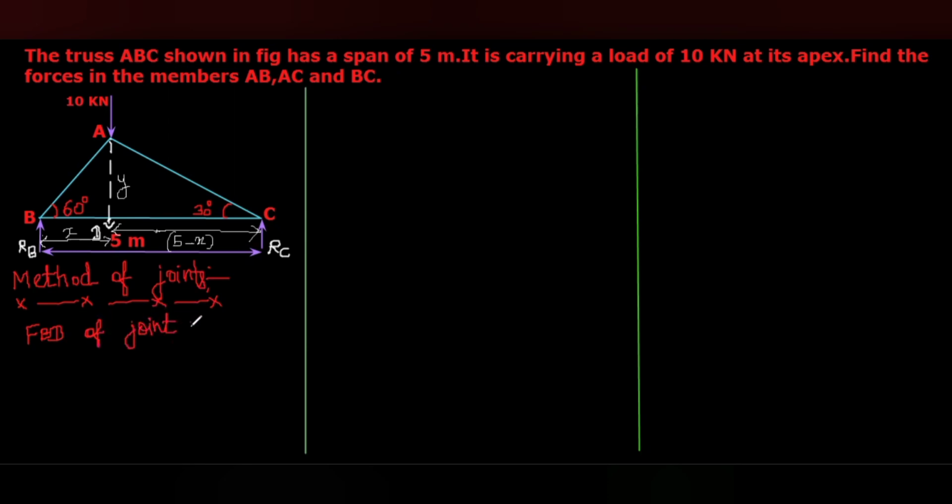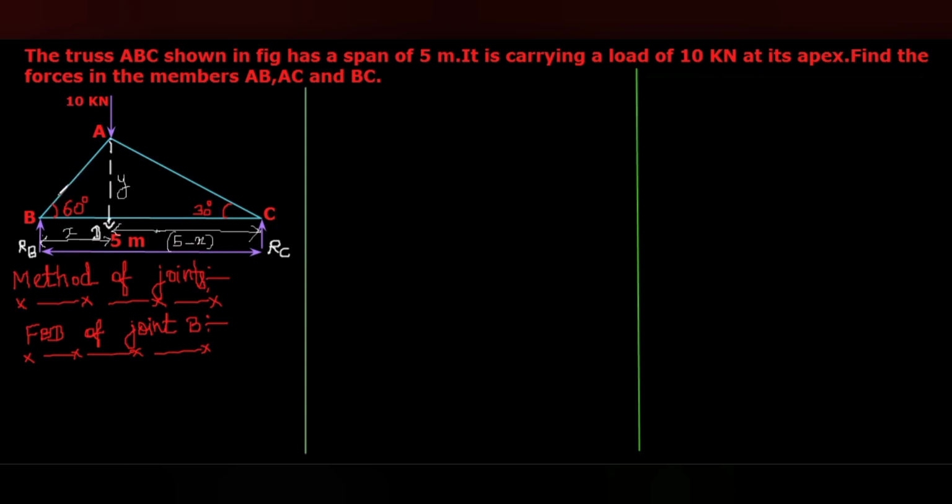joint B first. So here, first, what are all the forces acting at point B that we are going to consider. At point B, a reaction force RB is acting in upward direction.